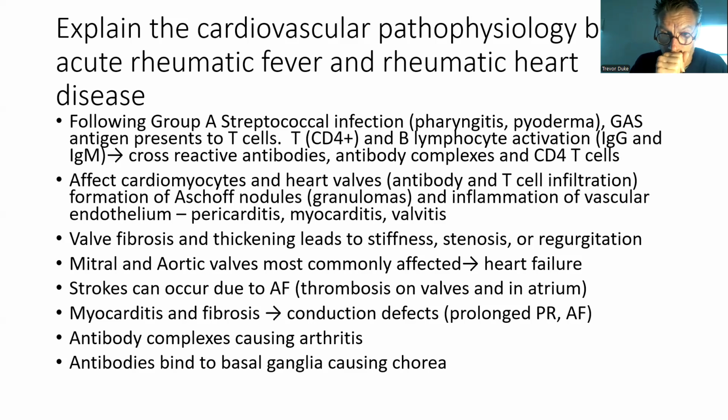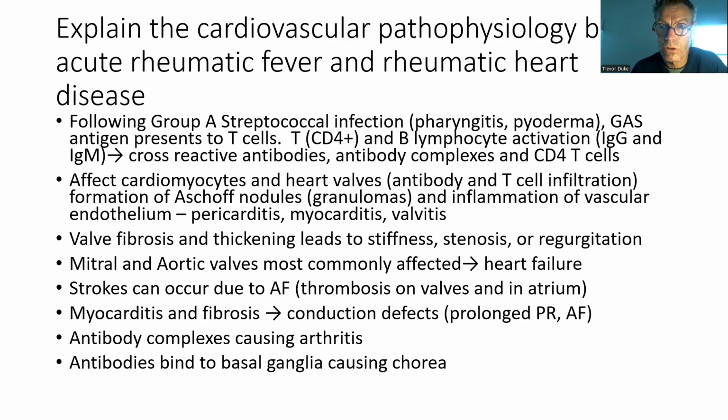heart valves. The infiltration can cause pericarditis, which is an inflammation of the pericardium, of course, myocarditis, the inflammation of the heart muscle, and valvitis, which you know about, which is an inflammation of the valves. And when it affects the valves, it does lead to valvular inflammation and fibrosis and thickening.